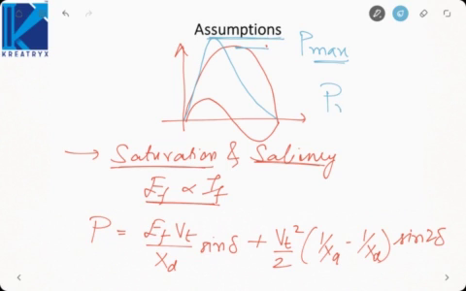So Pmax in a salient pole machine is greater than Pmax in a cylindrical one. And we know as Pmax increases, stability improves. So we have to neglect saliency because we are doing worst case analysis.